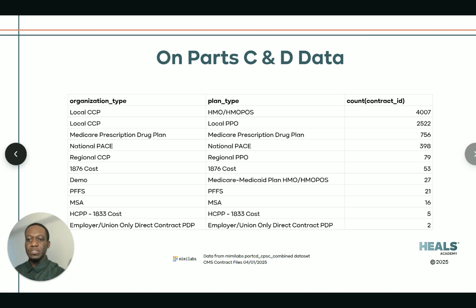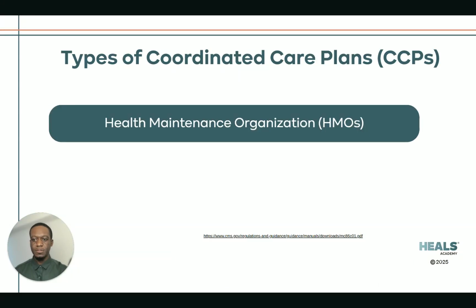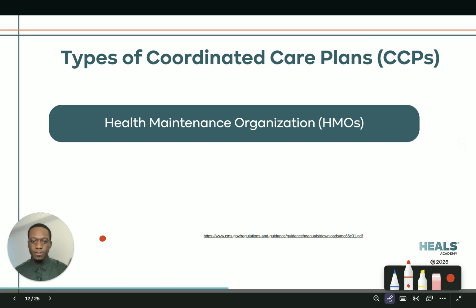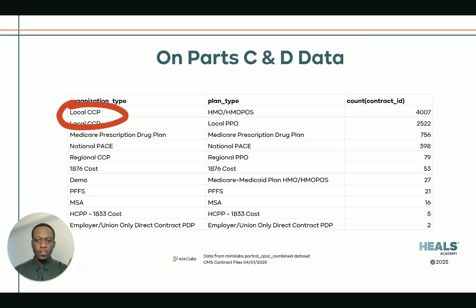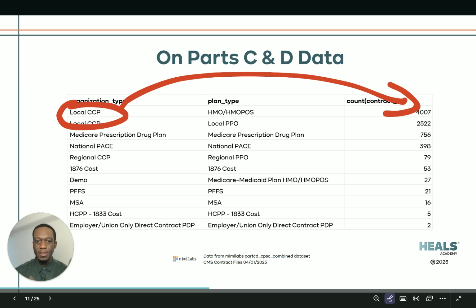We started with local CCPs last week, and today we see them as one of the largest plan types that you will see in the Medicare Advantage risk adjustment space. So we will take the local CCPs today and go deeper into them.